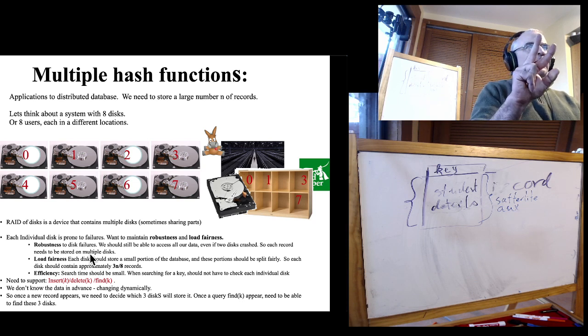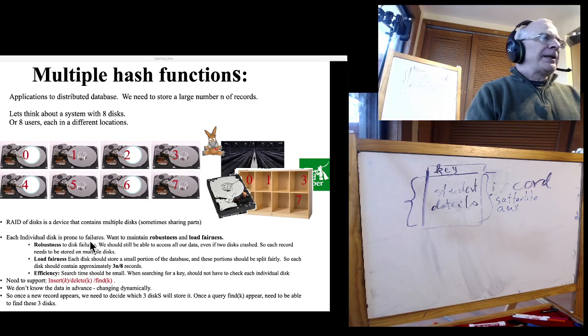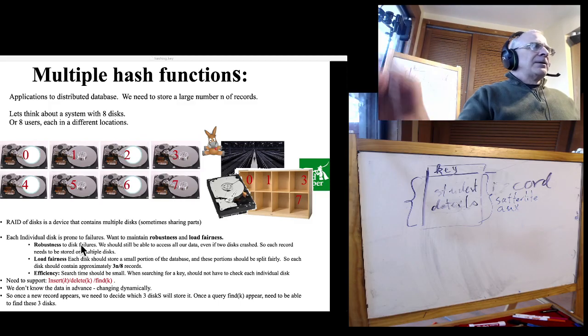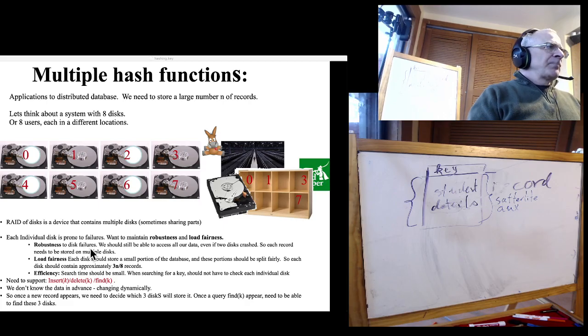That is, I want robustness against failure of 1 or 2 hard drives, and still be able to access all my data. If 3 hard drives fail, then okay, it's too expensive for me to handle this case as well. But as long as no more than 2 fail, I'm still okay. So I want robustness against disk failure.